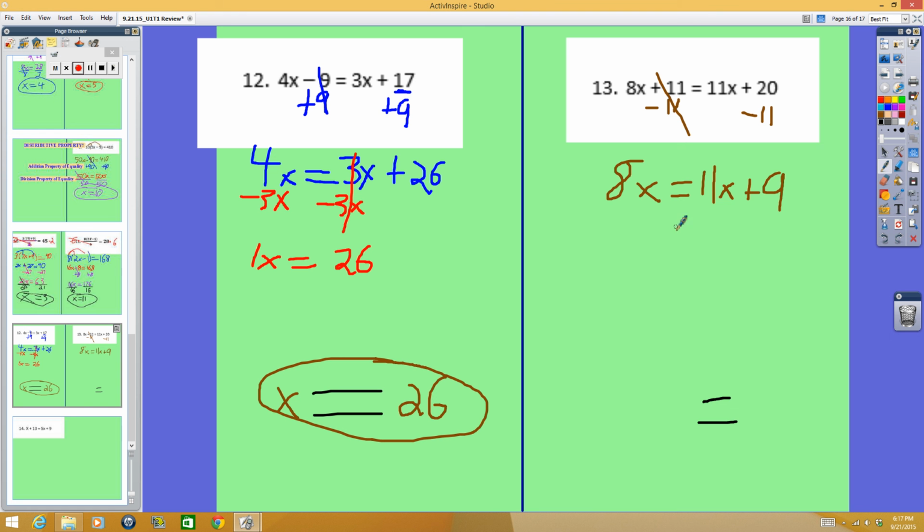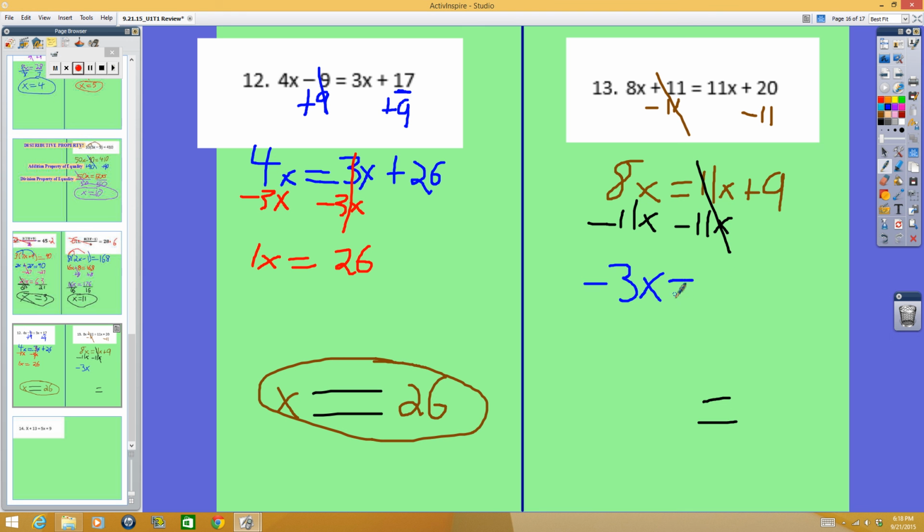So when you take that away, subtraction, I want to get rid of 11x's. 8 minus 11 gives me negative 3. If you see an 8 on top, don't put this in your calculator. It's not right. This is asking you what 8 minus 11 is. Okay?